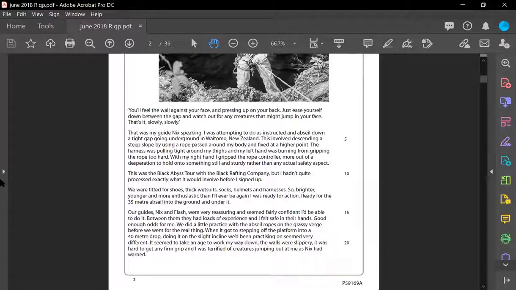It seemed to take an age to work my way down. The walls were slippery. It was hard to get any firm grip, and I was terrified of creatures jumping out at me as Nick had warned.